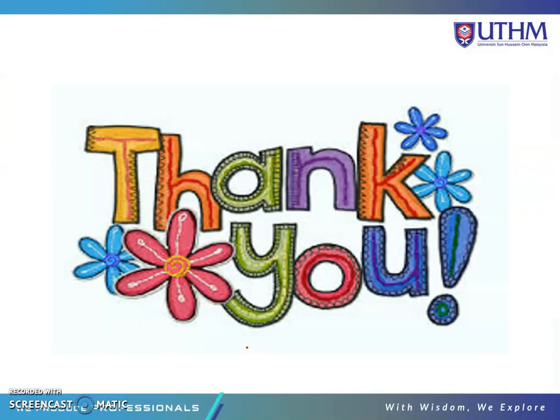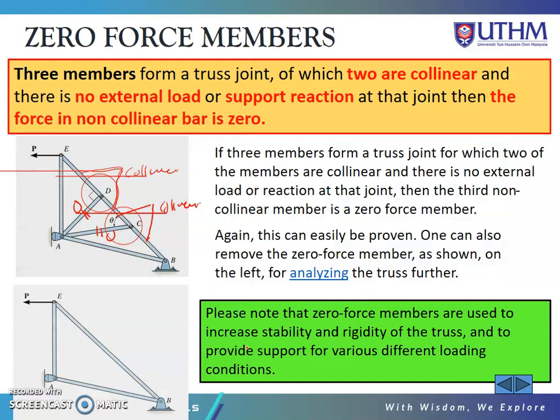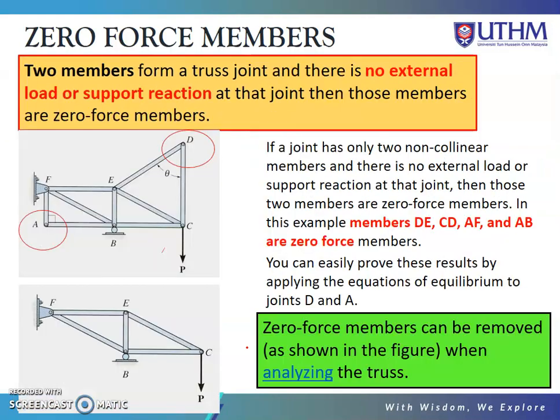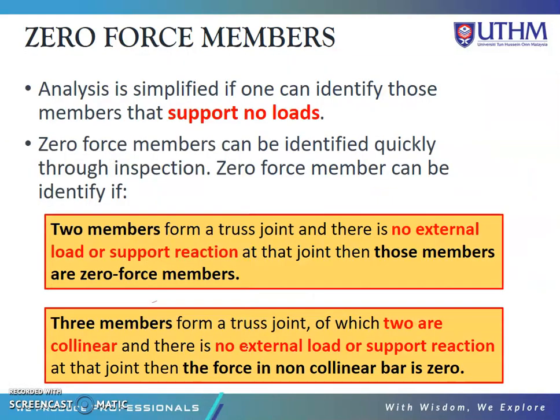So that's all for the zero force member. You can determine whether a member is a zero force member or not by using these two conditions. The first is when two members form a truss joint with no external load and support, and those members become zero force members.